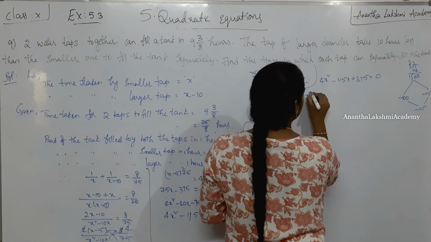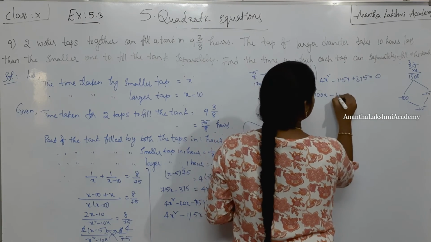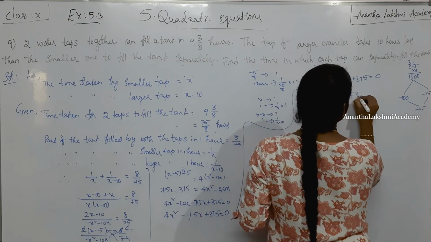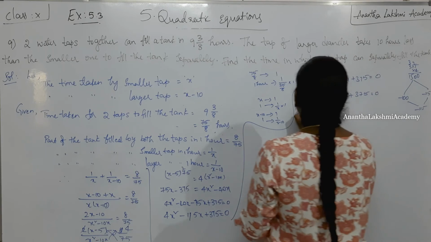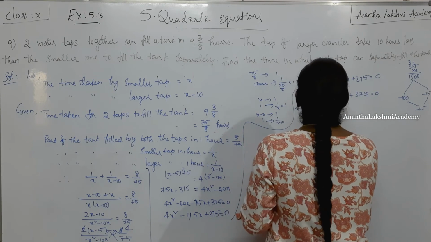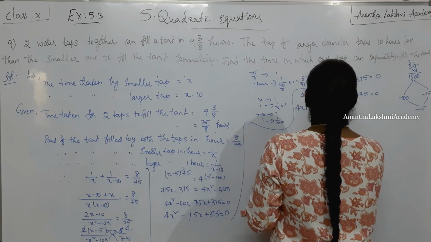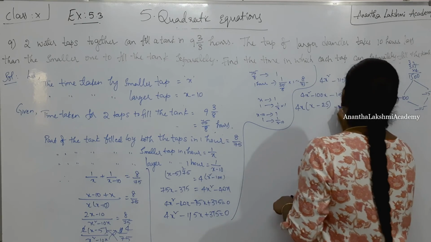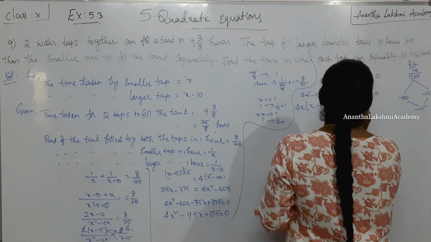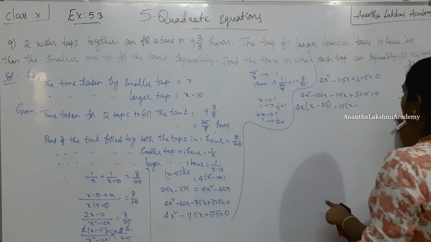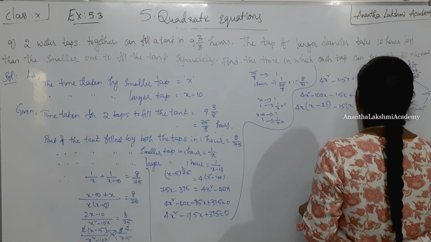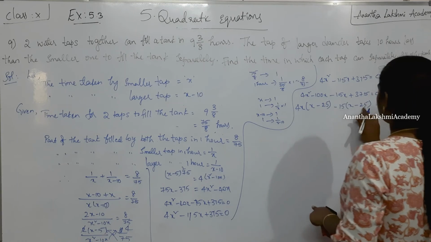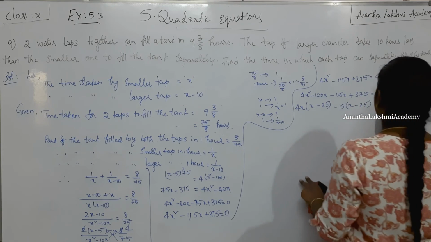4x square minus 100x minus 15x plus 375 is equal to 0. Now let us take 4x common here. 4x into x minus 25, 4 25s are 100, minus, if you take 15 common, x minus 25, 15 25s are 375, matches.